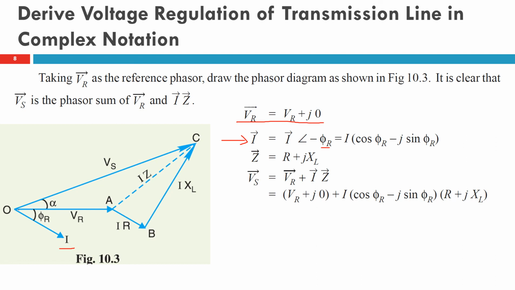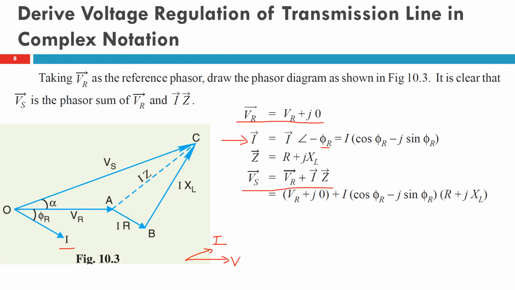If the load power factor is capacitive, then the current I leads the voltage. This is a case of the leading power factor, and in that case phi r should be plus phi r. Z is equal to R plus jXL, that is the impedance of the line.